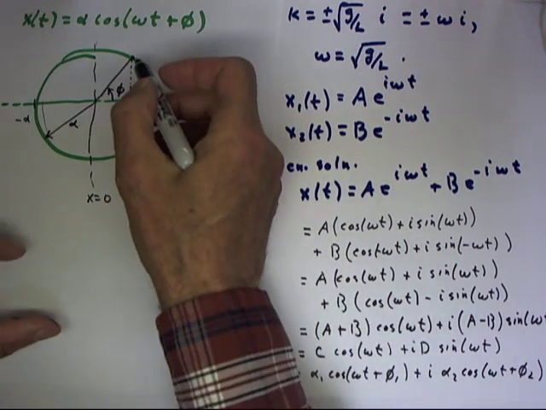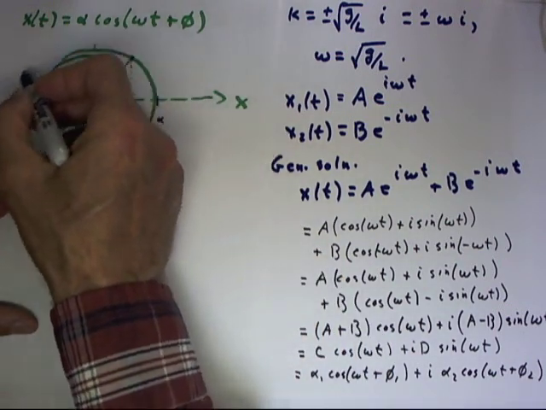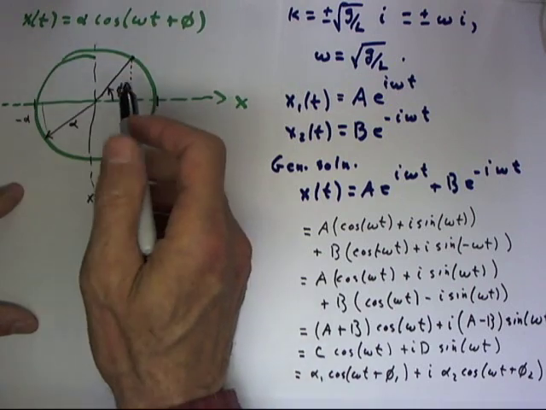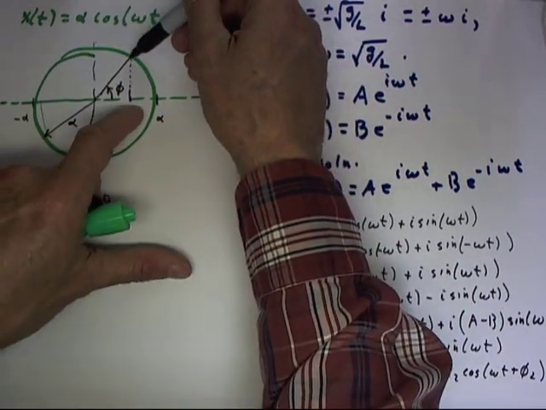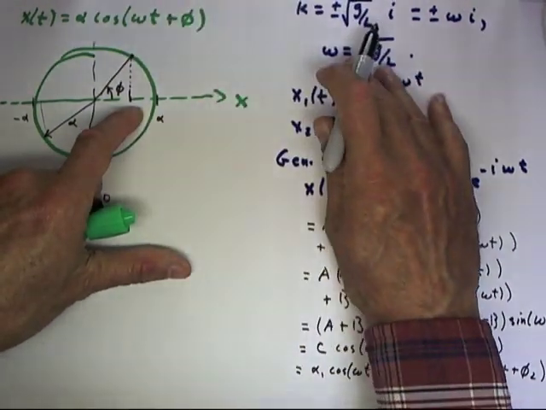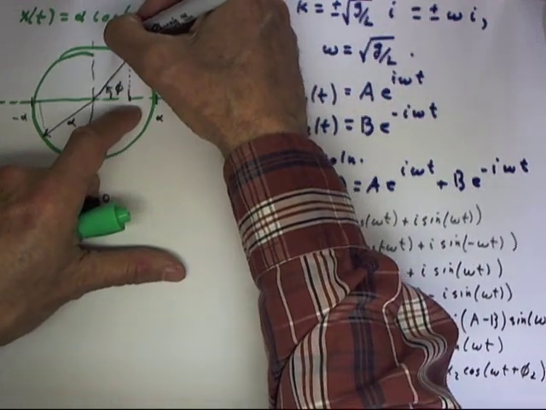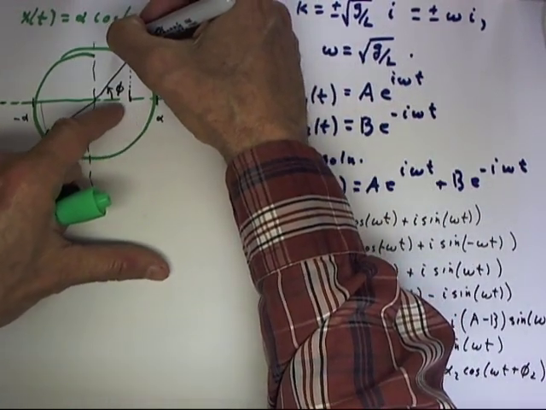It's clear that if omega is positive, we'll be moving counterclockwise around the circle. Starting at this point, as we move around the circle, as we move from here to here, the x-coordinate will follow.